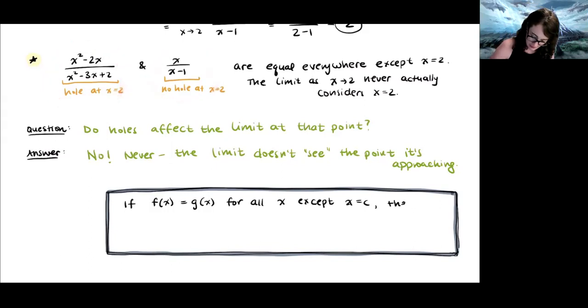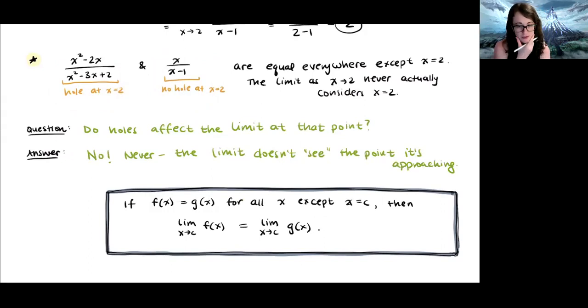Then the limit as you approach c for both of those functions are equal. So the limit as x approaches c of f of x equals the limit as x approaches c of g of x. And so what this is really saying is that it's okay and valid mathematically to cancel out these things when we're finding limits.